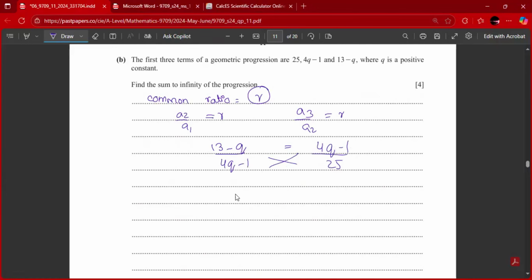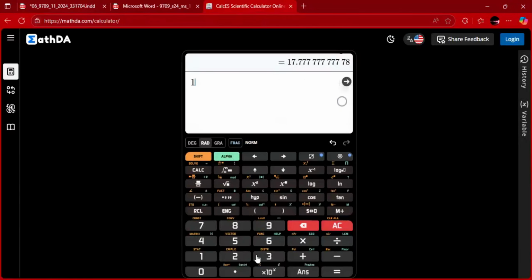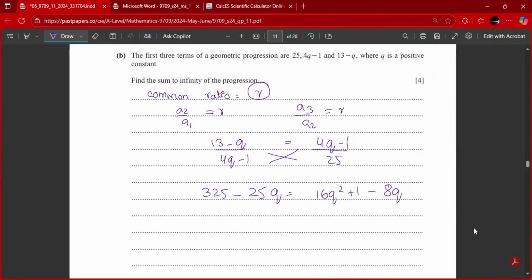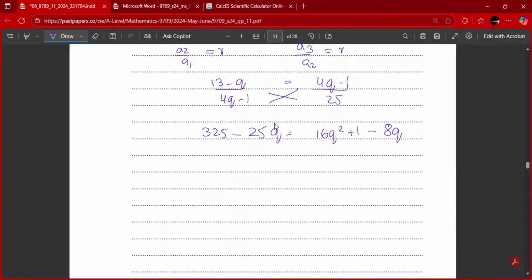Cross multiplication: 13 into 25 is 325. Okay, 325 minus 25q equals (4q minus 1) whole squared, which expands to 16q squared plus 1 minus 8q. Guys, I'm using shortcuts, I hope you understand what I'm doing here.